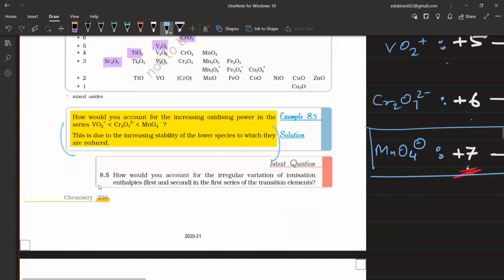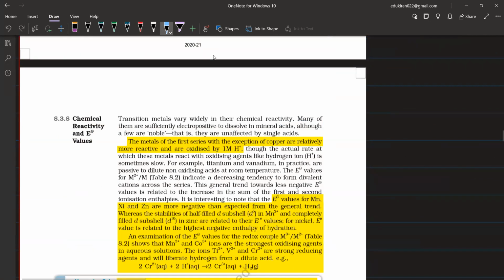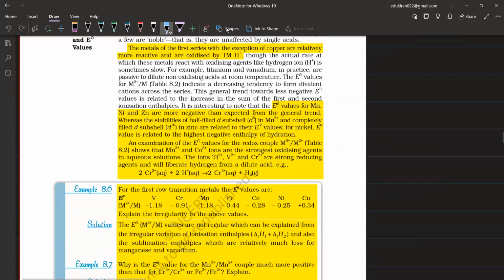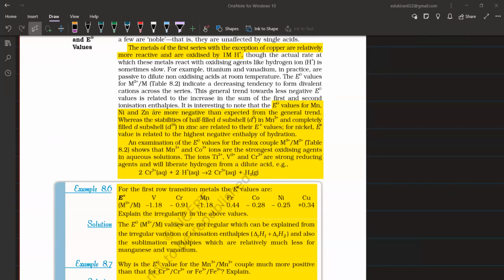Next is the chemical reactivity of E0, and this is very similar to what we have learned in the wedding elements and chapa elements.